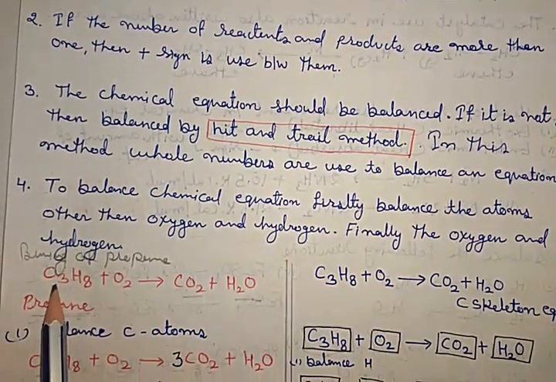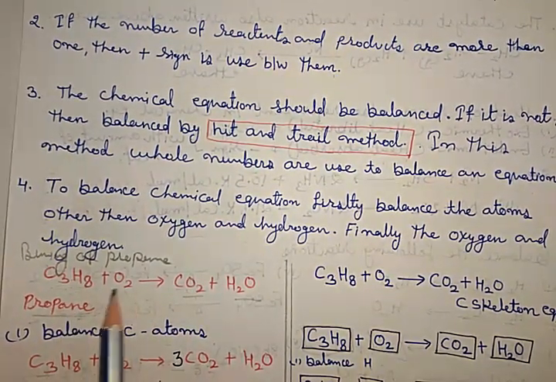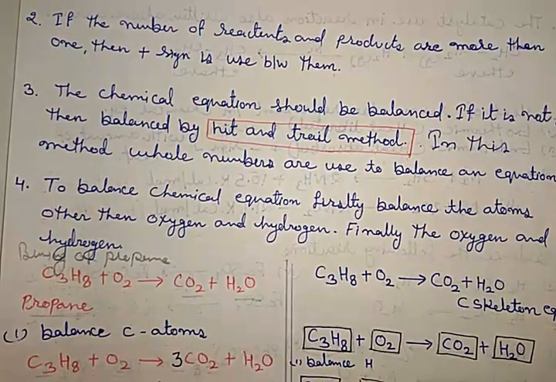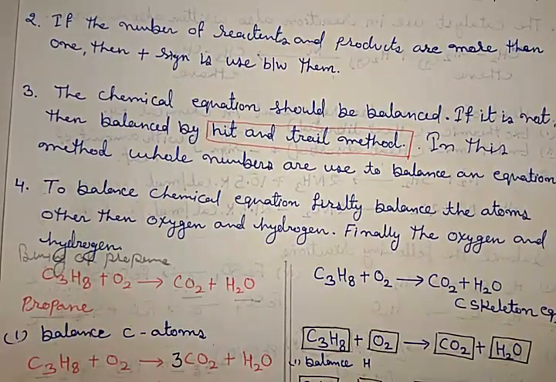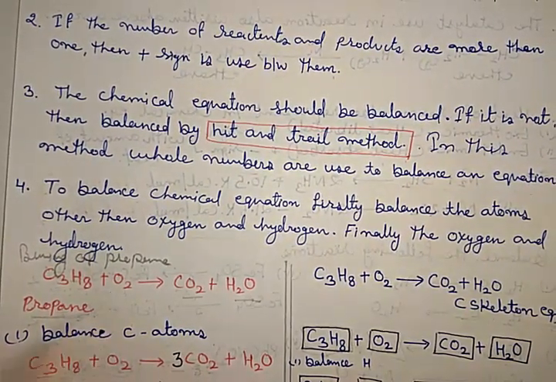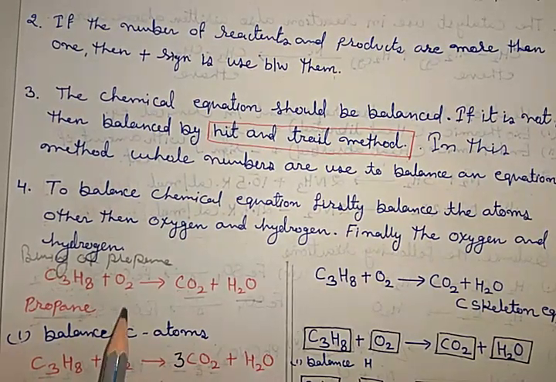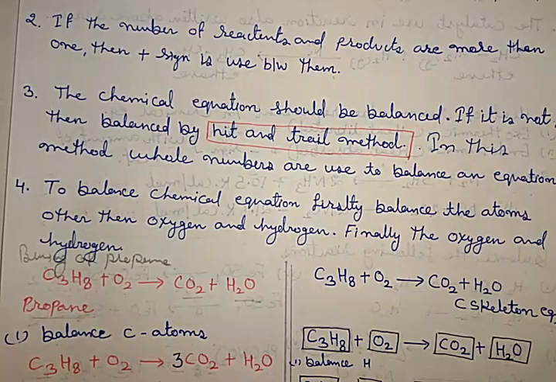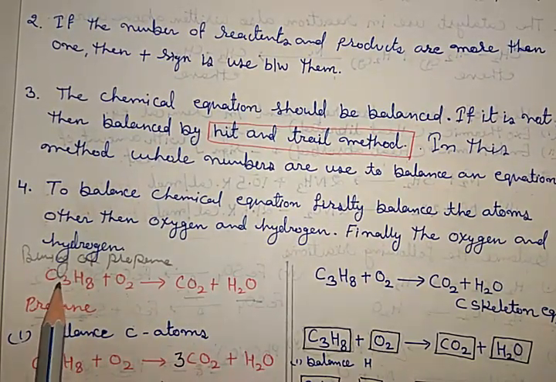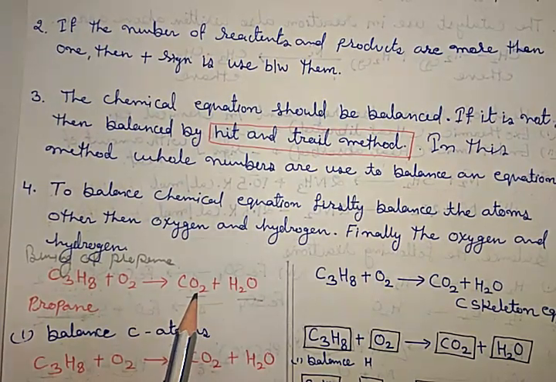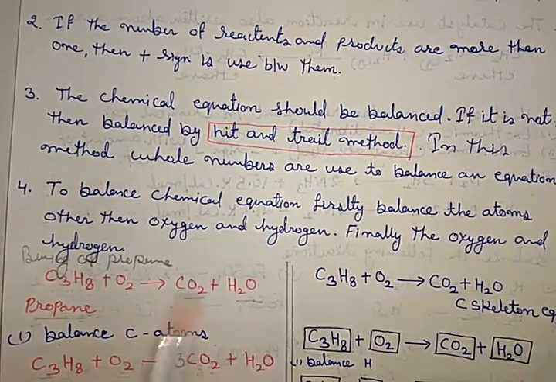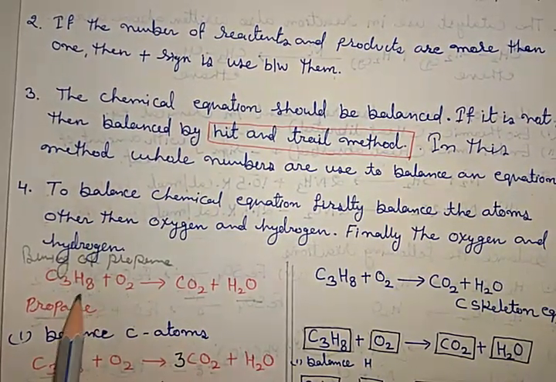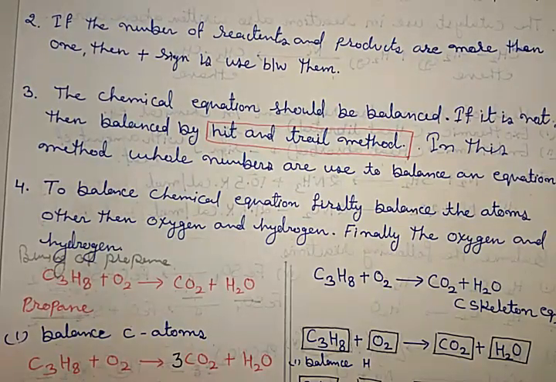Suppose there is a chemical reaction of burning of propane, C3H8, that is known as propane. Burning means reaction with oxygen. The complete oxidation of any substance which gives energy is known as burning. In complete oxidation, the total carbon converts into carbon dioxide, and the remaining part converts into its respective oxide.